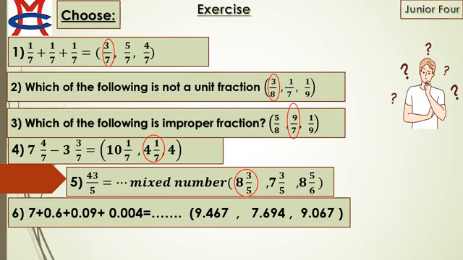Number 6, 7 plus 0.6 plus 0.09 plus 0.004.